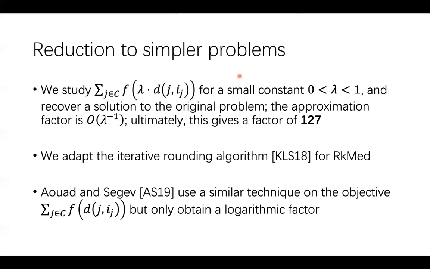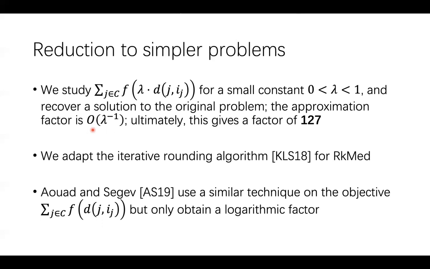These are the main contributions of our paper. We also show that the approximation factor will be proportional to the reciprocal of lambda. Ultimately, this will give us a factor of 127. This is the overall approximation factor of our algorithm.